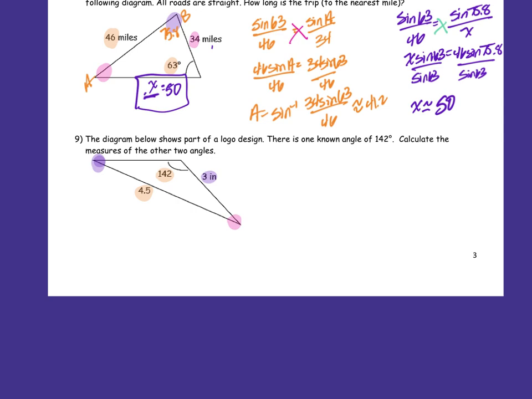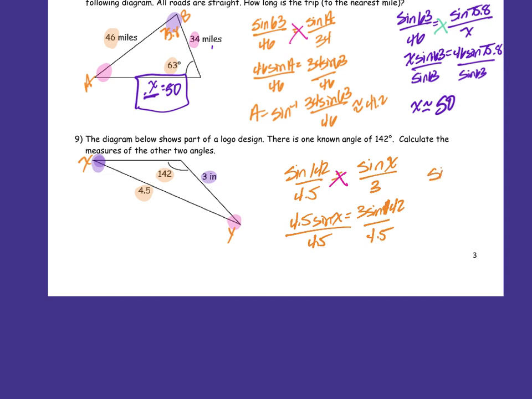So I've got sine of 142 over 4.5 equals sine of x over 3, where we'll call this x and we'll call this y. Cross multiply, and I've got 4.5 sine of x equals 3 sine of 142, divide by 4.5.